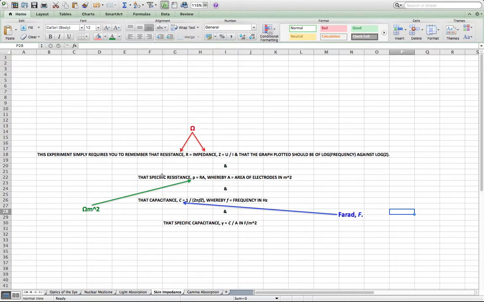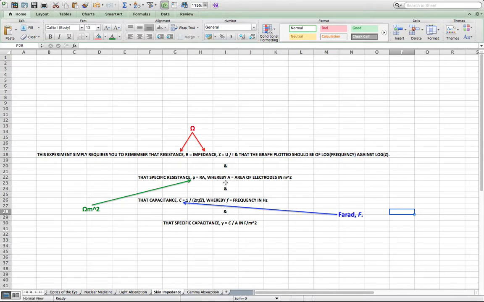From this impedance of the skin, you can calculate something known as the specific resistance or resistivity of the skin, or of any material really. That symbol there is used, and that equals, so in this formula you have to remember the resistance or impedance multiplied by the area of the electrode used, so the area of the thing supplying the current.